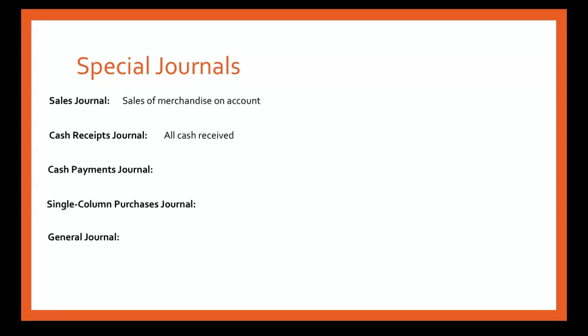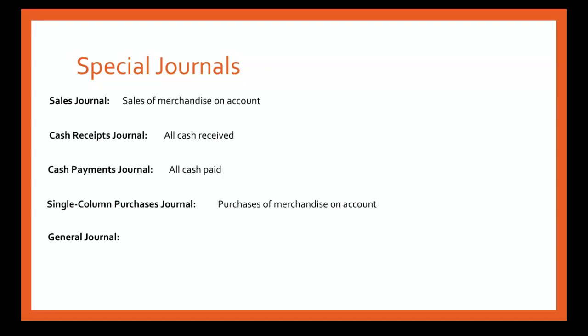Cash receipts is any time that you receive cash. Any time that you are getting cash in a transaction, that would go into the cash receipts journal. Cash payments journal is any time that you pay cash, right? So if cash is involved, you know that you're dealing with either cash receipts or cash payments. Now, single column purchases journal, that's going to be any time that there's a purchase of merchandise on account.